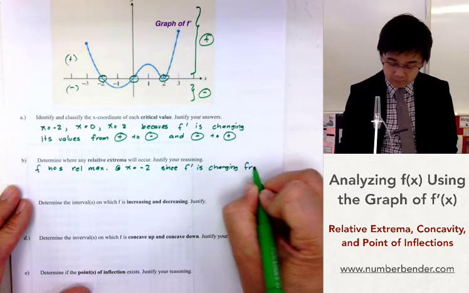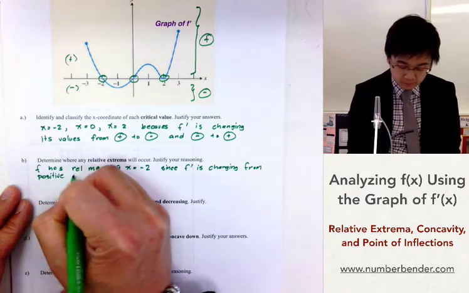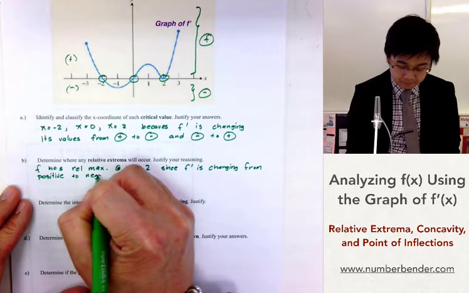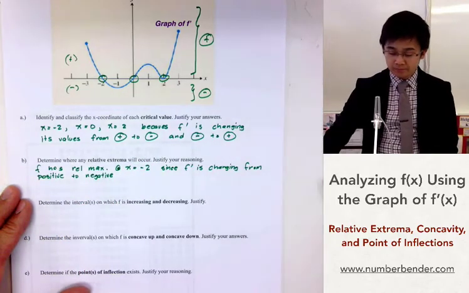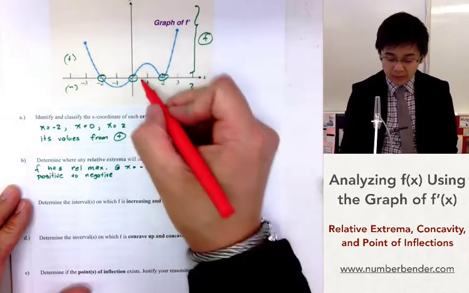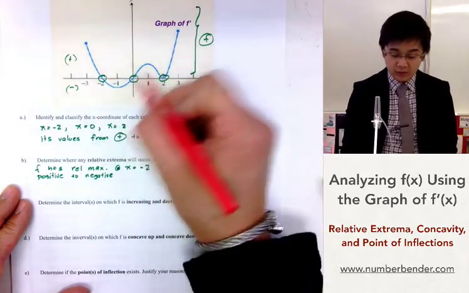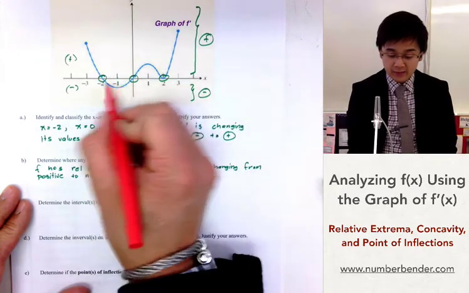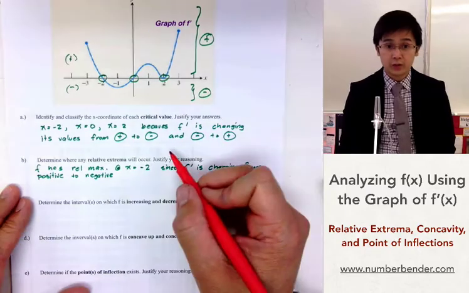from positive to negative. Now the relative minimum will happen at x equal to 0 because now our f prime is changing from negative, so this is a negative value, to the positive value of your f prime.